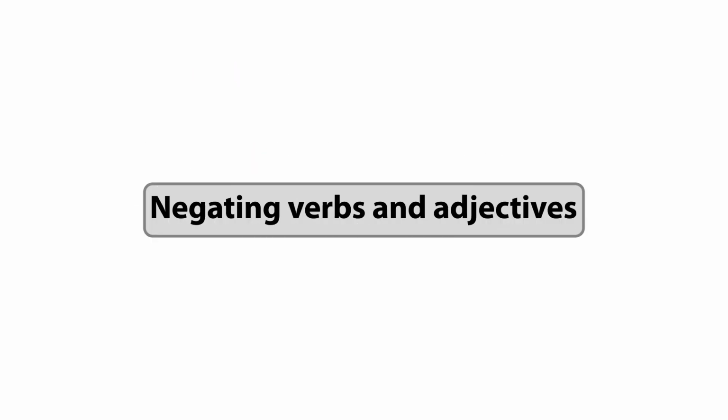Negating verbs and adjectives. Verbs and adjectives are negated in two ways, the short form and the long form. Both mean exactly the same thing, but one merely might sound better than the other in certain places. The short form, simply add 안 before the conjugated verb or adjective.